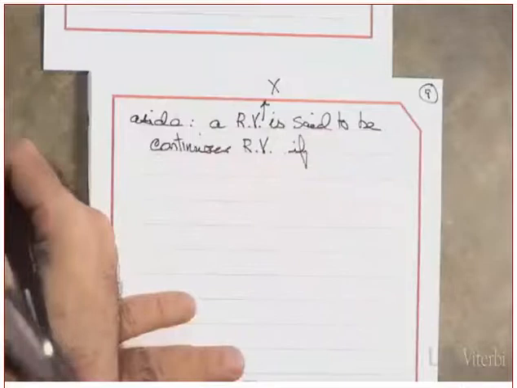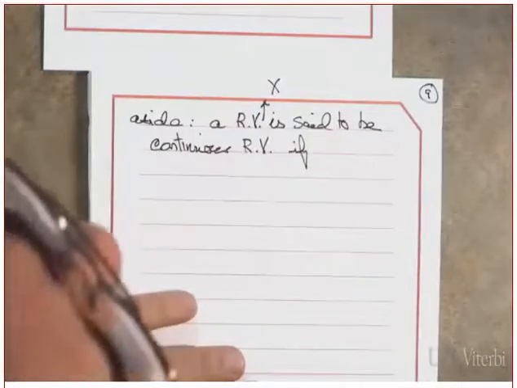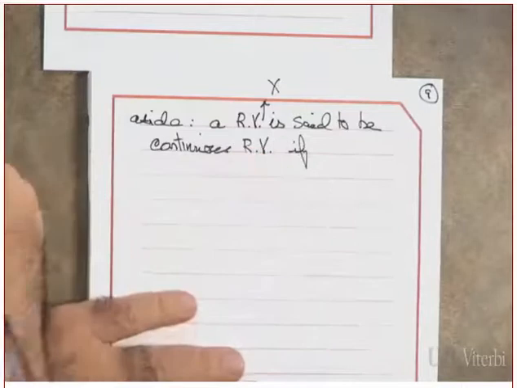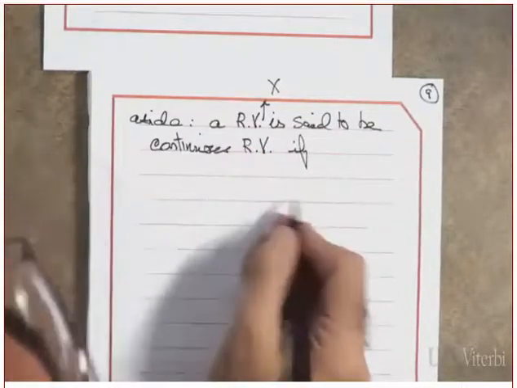What should I prove? It takes infinitely uncountable number of values. Yes? What does that mean mathematically?